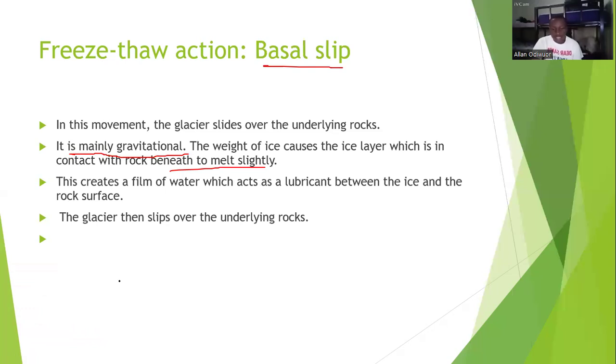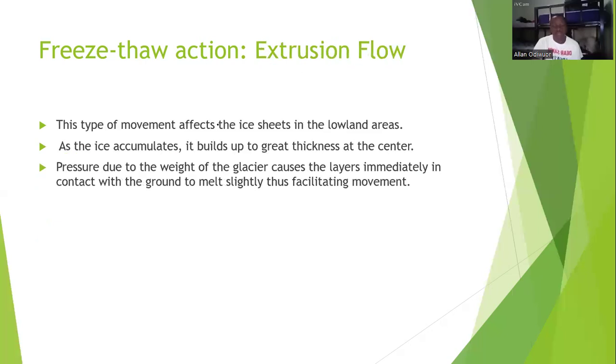This creates a film of water which acts as a lubricant between the ice and the rock surface. The glacier then slips over the underlying rock. Then we have extrusion flow. This type of movement affects the ice sheet in the lowland areas. As the ice accumulates, it builds up to a great thickness at the center. Pressure due to the weight causes the layers immediately in contact with the ground to melt slightly, thus facilitating movement.